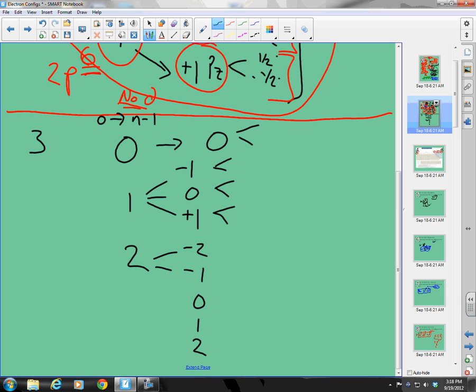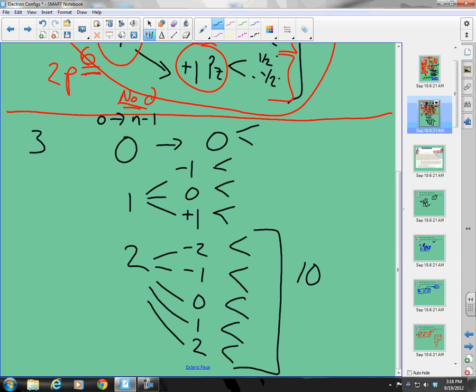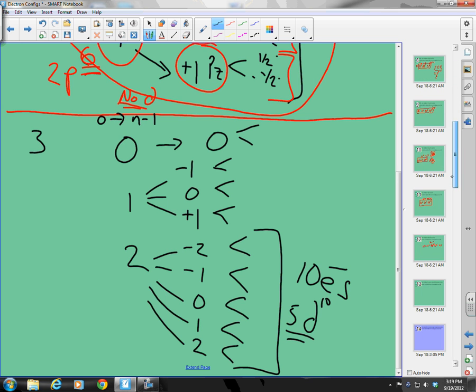That means I have 5 orientations, and in each of those, 2 electrons are permitted. So with my d orbitals, I can put a total of 10 electrons. So I could go as high as 3d10 before I would go to the next set of orbitals. Okay, good. So that's giving you a little foreshadowing, folks.